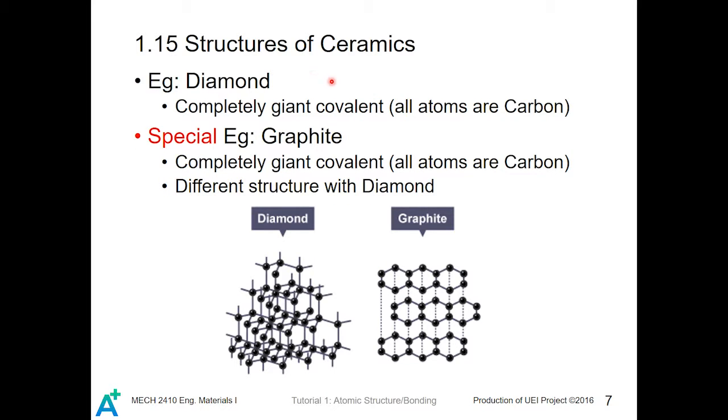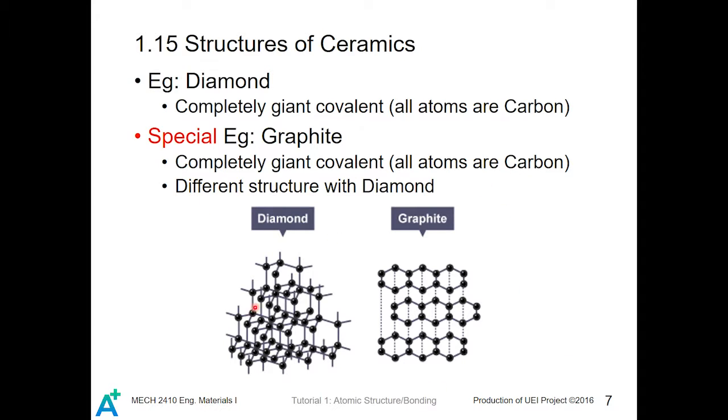Diamond is completely giant covalent, and all of its atoms are carbon. And there is a special example. It is also ceramic, but it is somehow different from the other two. Graphite is completely giant covalent, and all atoms here are carbon, but it has a different structure from diamond.